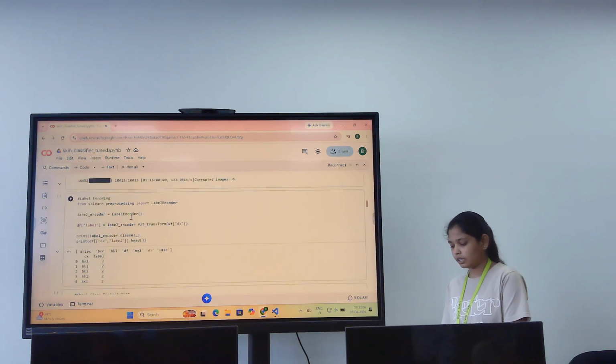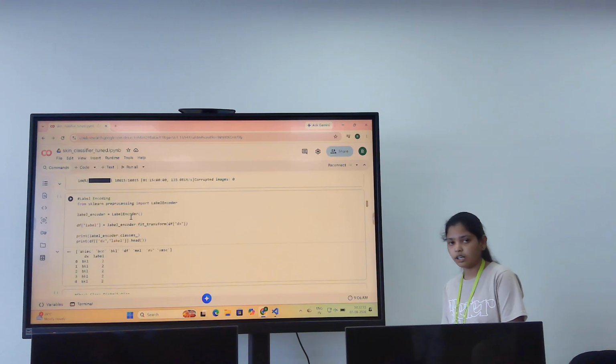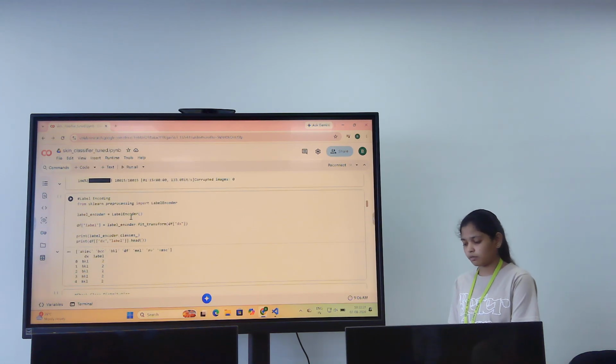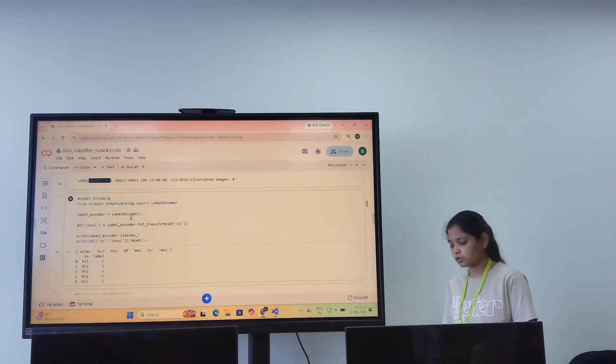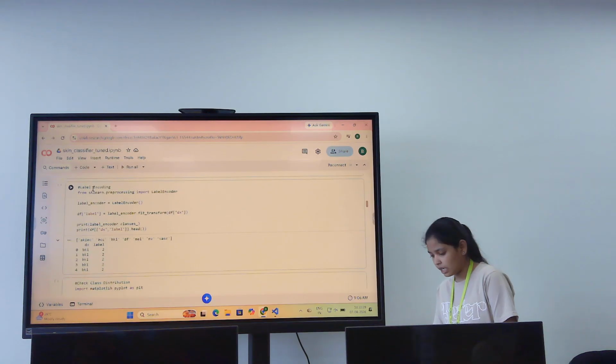In the dataset, the diseases are in categorical values. Since the model works on numerical values, we convert them to numerical values. So I use label encoding.